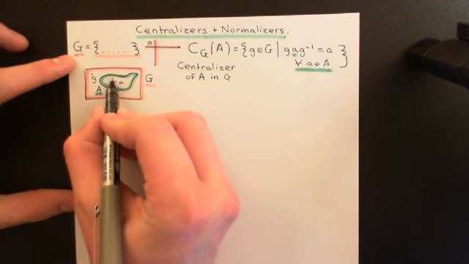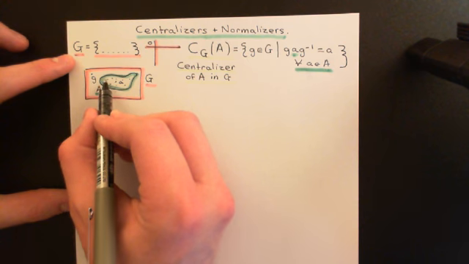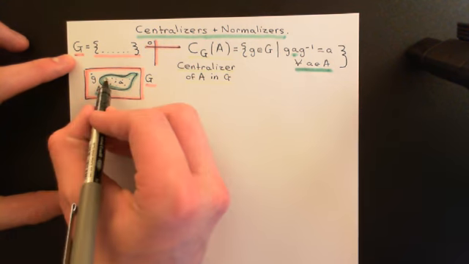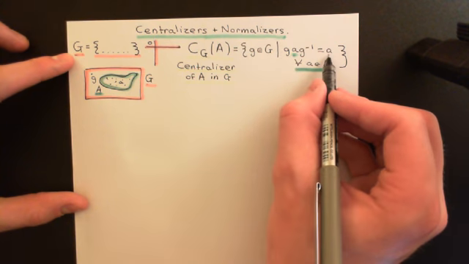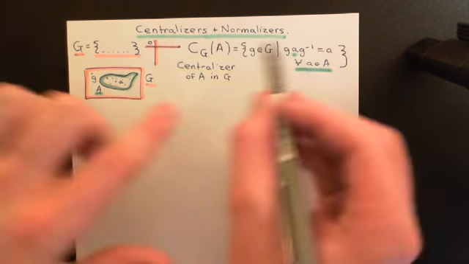So you'll go through every single element of the set capital A, you'll conjugate every single element of the set capital A by this element little g, and you'll ask, are we getting the same answer back again? When I conjugate each and every element of this set capital A, is the answer the same element of the set capital A? And if it is true for absolutely all the elements of the set capital A, that when we conjugate them by little g, we get the same element back again, then we put that little g into the centralizer of A in G.